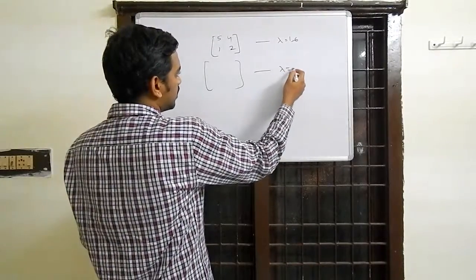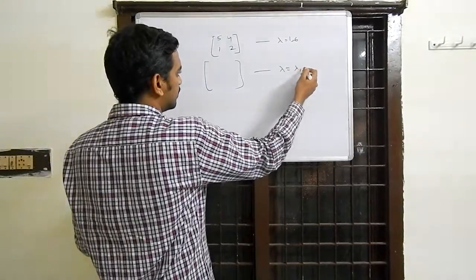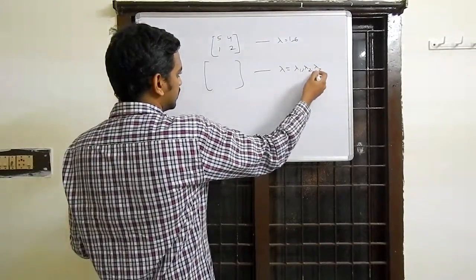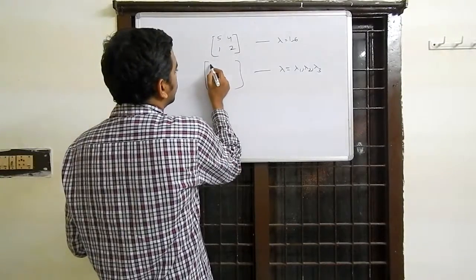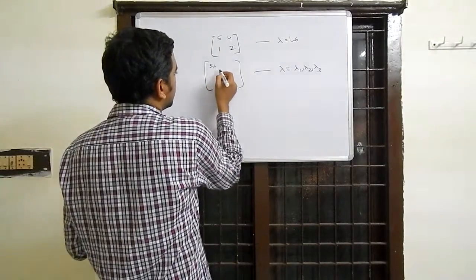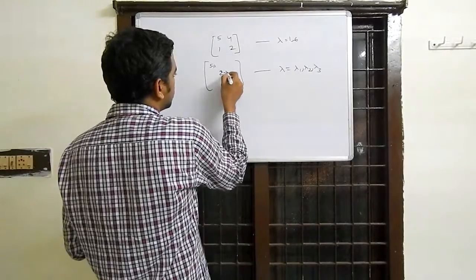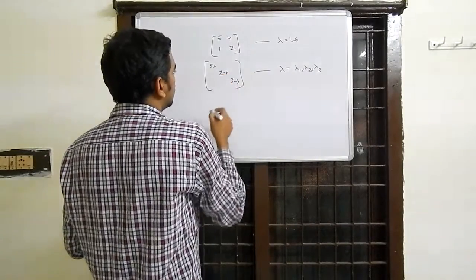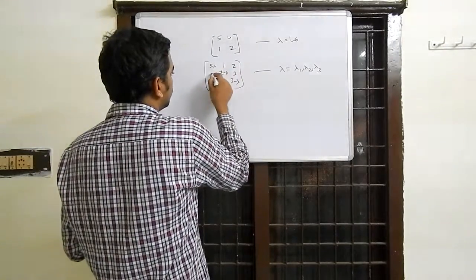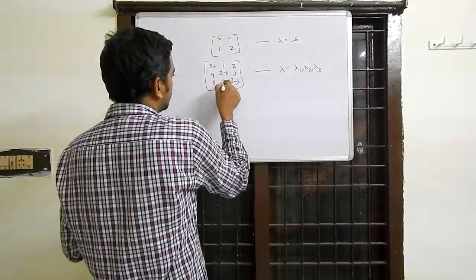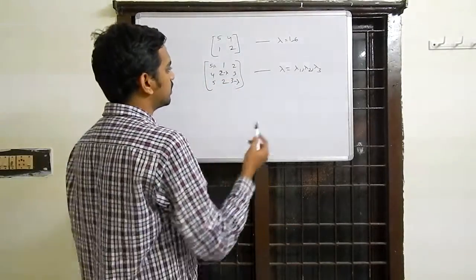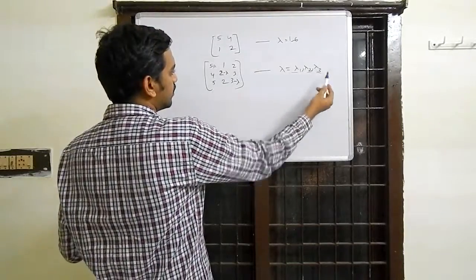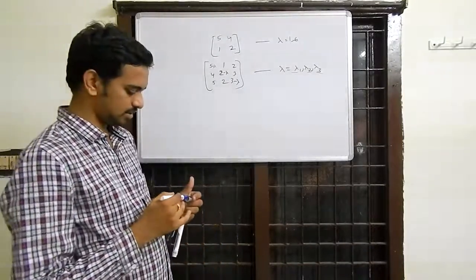If I find out the values, the eigenvalues will be lambda 1, lambda 2, lambda 3 in the same fashion. Suppose here 5 minus lambda, 2 minus lambda, 3 minus lambda, with some entries 1, 2, 3, 4 and 5 and 2. For example, consider one example. After finding the values, you get lambda 1, lambda 2, lambda 3.